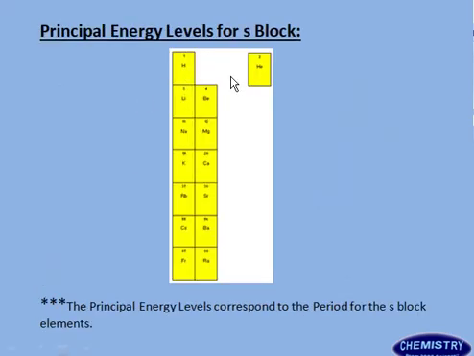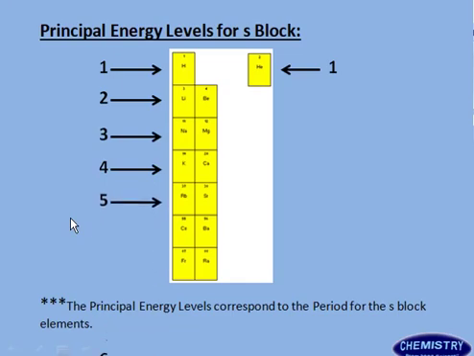Now the principal energy levels for the blocks. In the case of the S and the P block, they are convenient because they correspond to the period for the elements. So hydrogen and helium are in period 1, and their principal energy level is 1. Lithium and beryllium are in period 2, so the principal energy level is 2, and it carries on like so.